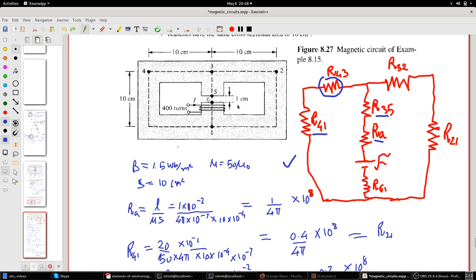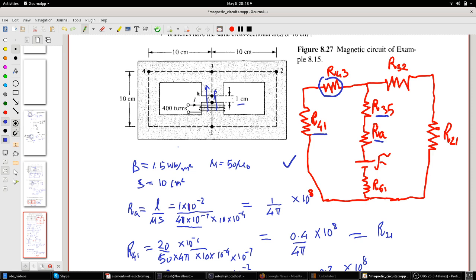L here is 1 centimeter. Mu, it's air, so mu will be same as your mu naught, which is 4 pi into 10 raised to minus 7. And your area of the cross section, we are neglecting the fringing fields. So we are assuming that whatever magnetic field is created, it's moving as if it's confined in a guided manner. It's not going anywhere else. It's not bulging.